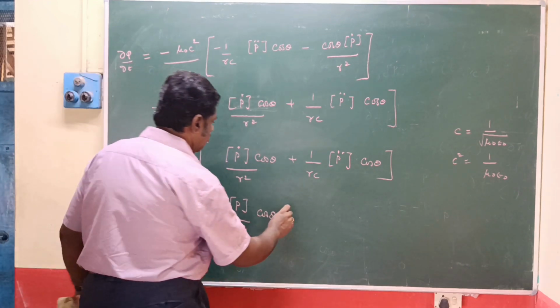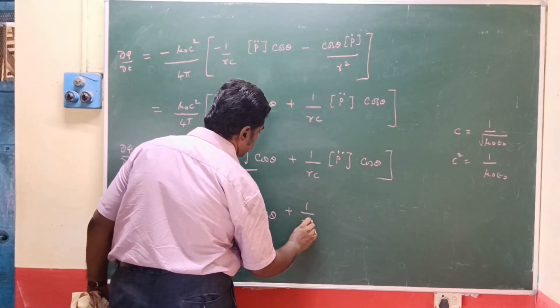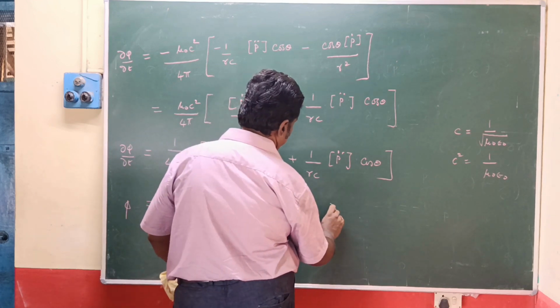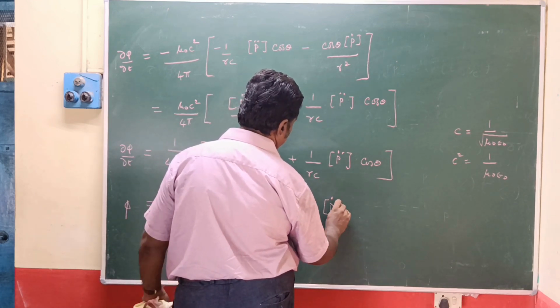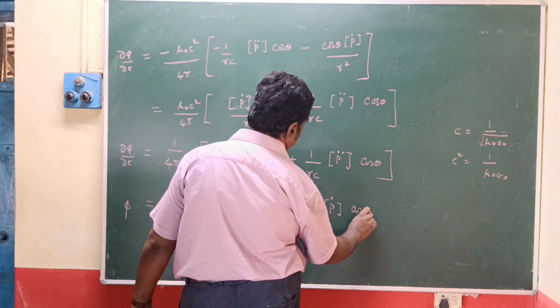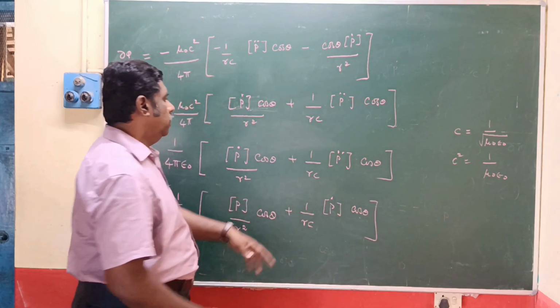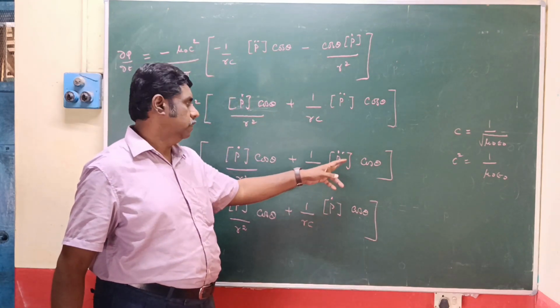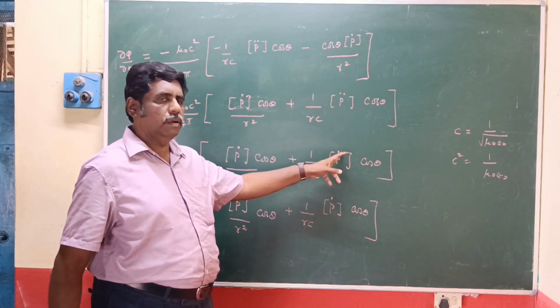Here p double dot is ∂/∂t of p single dot.